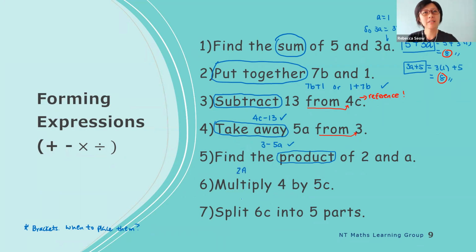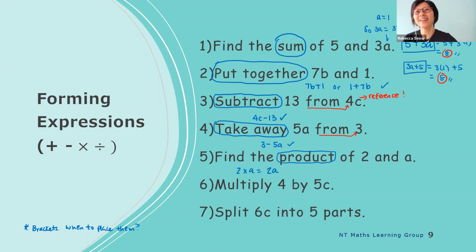If we look at the question, what does it give us? Just lowercase a, so we can't change it. It has to be lowercase. So working-wise, 2 times a equals 2a.